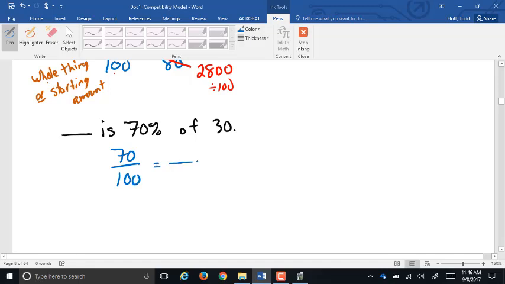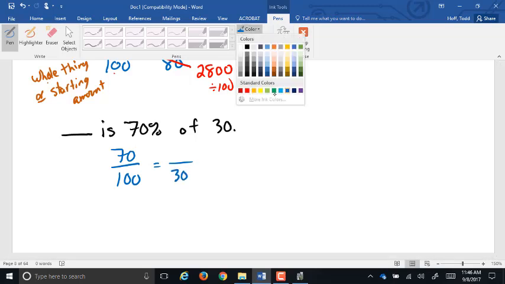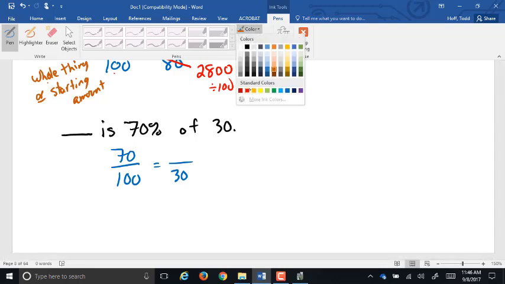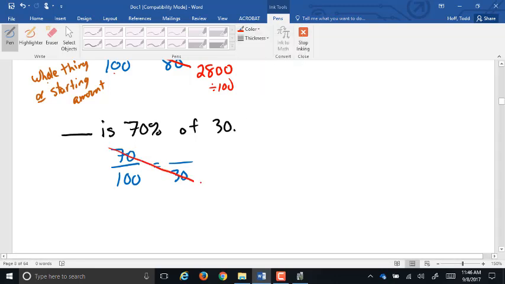On the other side, we have the missing number, and we have the 30. Is the 30 the whole thing or the piece we're zeroing in on? It's the whole thing. So again, we're going to cross multiply and divide. We're going to multiply 70 times 30. 2100. Divided by 100 is 21. So 21 is 70% of 30.